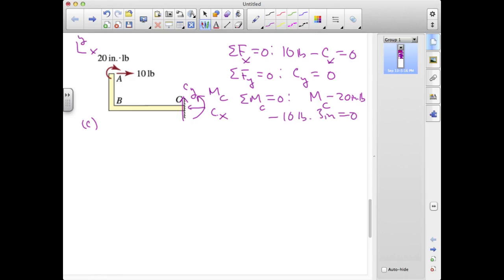And so very quickly here I have CX equals 10 pounds, CY equals 0 pounds, and the moment about C is 50 inch-pounds.